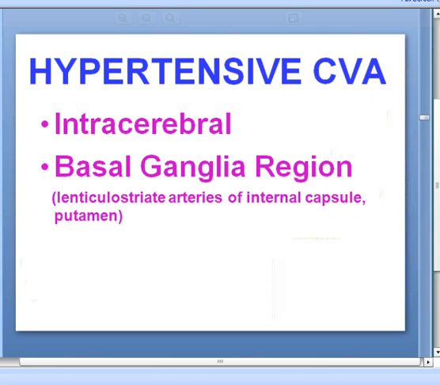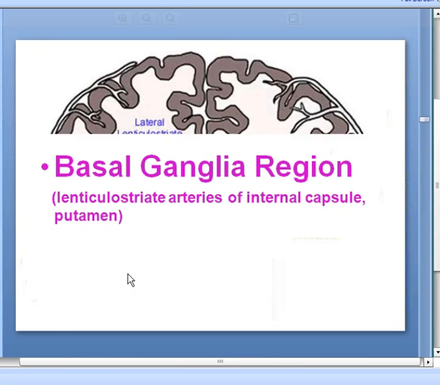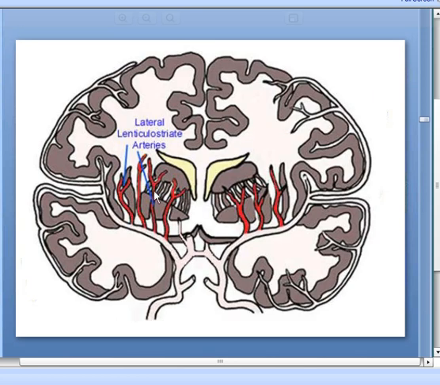The answer to that question is the lenticulostriate arteries, which supply your basal ganglia. And if you remember, the lenticulostriate arteries are branches of the middle cerebral artery, and they come through the internal capsule, and they supply the caudate, putamen, globus pallidus. And theoretically, most of the hypertensive CVAs are in this region.